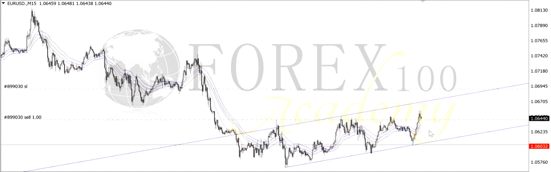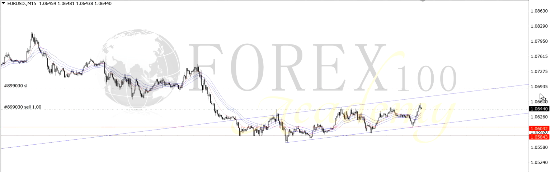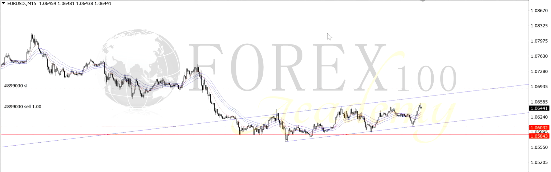That will be 1.0603, and my target 2 will be below the trend line, which will be at 1.0584, somewhere over here. And the final profit level, a good 162 pips, will be at 1.0480.